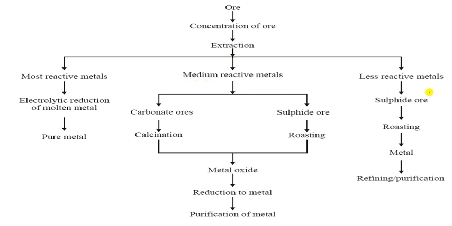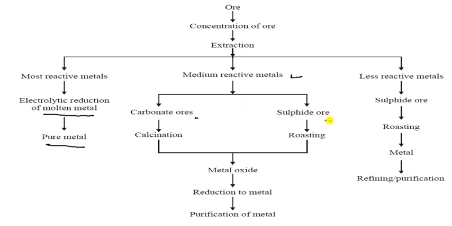First is most reactive metals, second is medium reactive metals, and third is less reactive metals. The most reactive metals are subjected to electrolytic reduction of the molten metal, and then we get the pure metal.